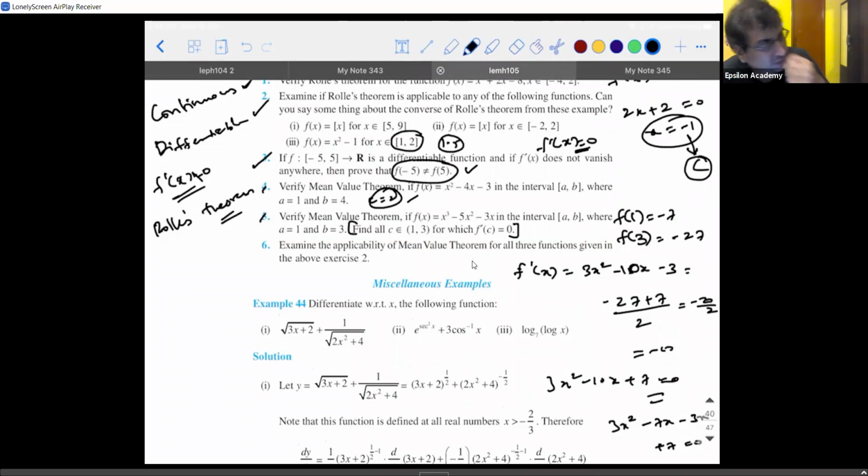So you will get f dash of C equal to 0 only when f of A is equal to f of B. Check if there is any condition like that.